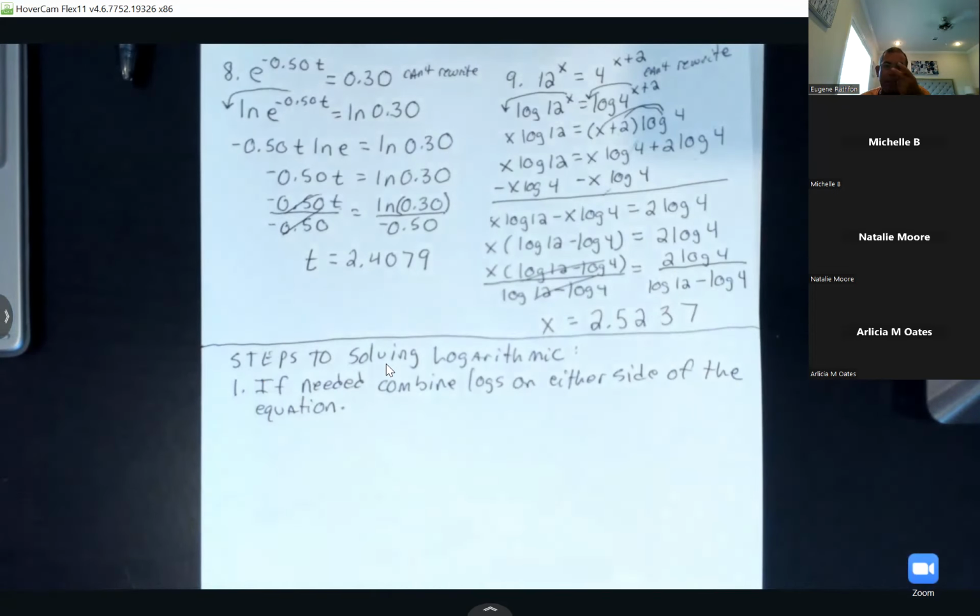So y'all, the log base property tells me this. If I got a log base a of x on one side equal to a log base a of y on the other side, and this is really similar to that exponent base rule, but if the logs match the bases on each side, then that means that this result has to equal that result.